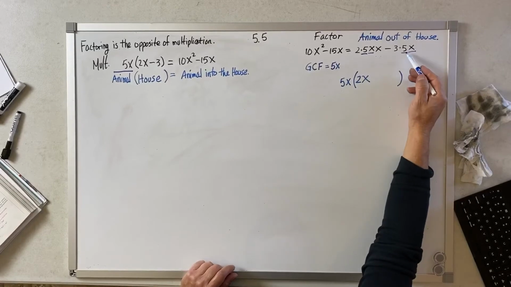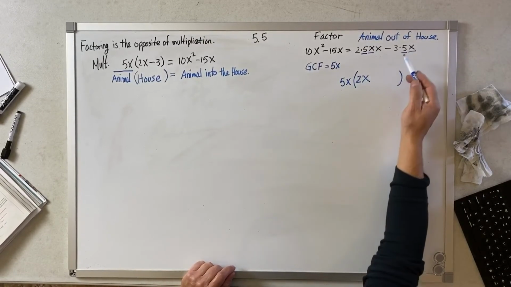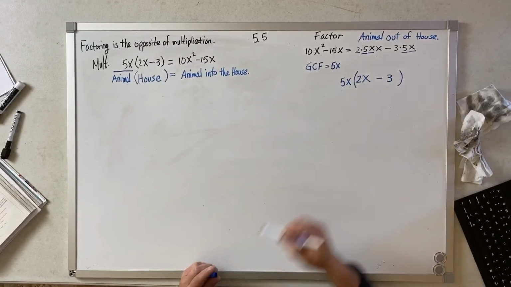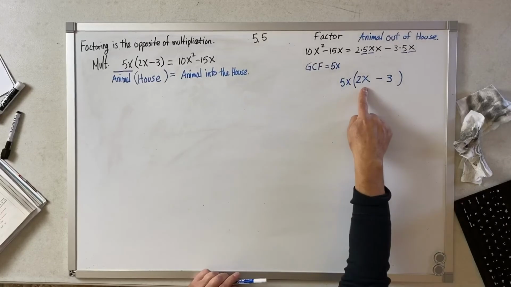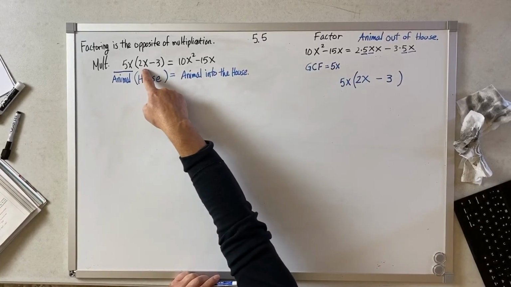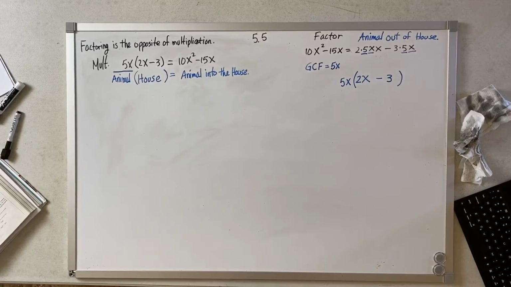If the 5 came out and the x came out, there it is. What stayed inside was a -3. And we have factored. And note, that's exactly this. Okay? Exactly that. All right.